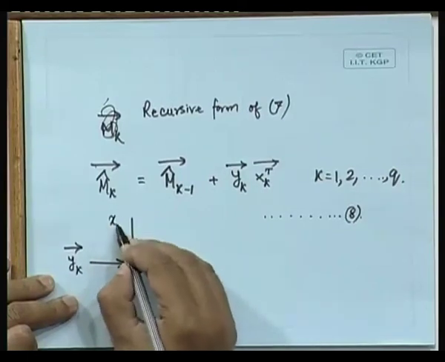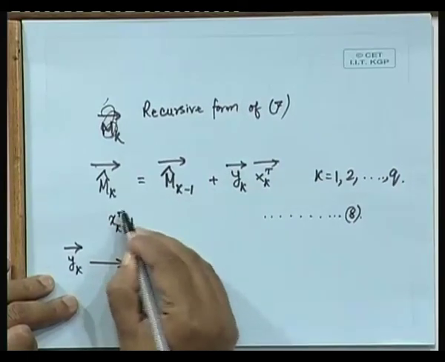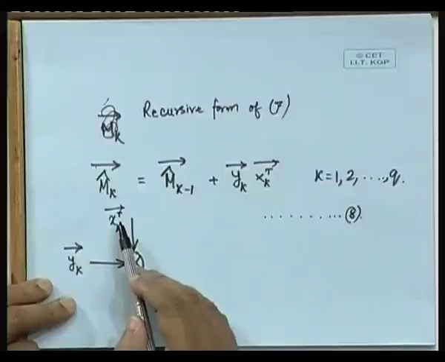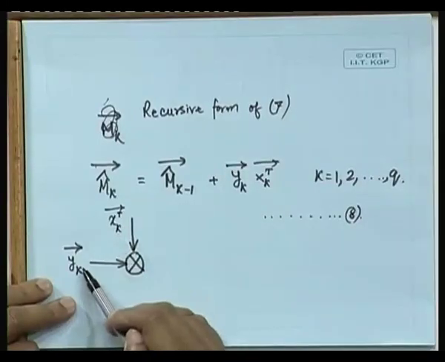In fact, I should have told it like this. See, here xk is the stimulus for the kth pattern, and the corresponding association or the corresponding output is yk. So, we are trying to memorize this yk, okay. How? We have an association of xk and yk already.